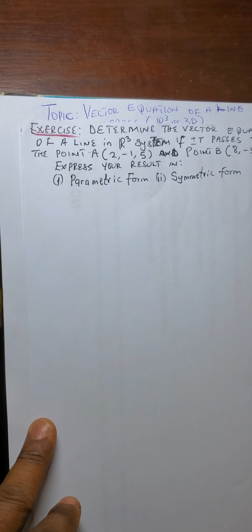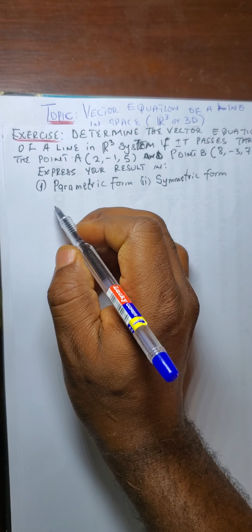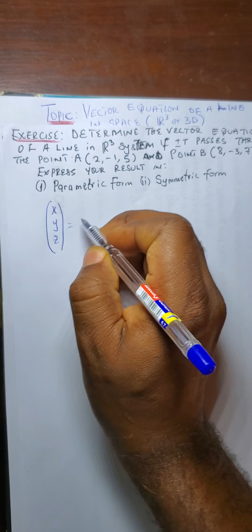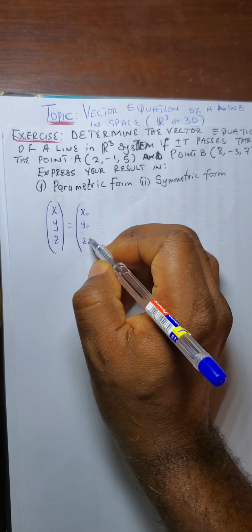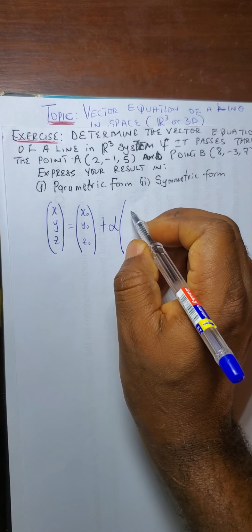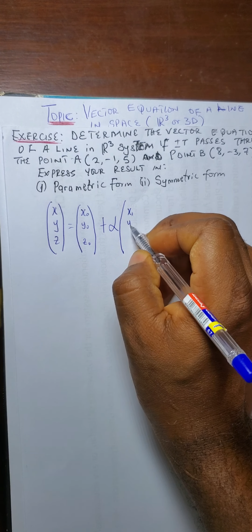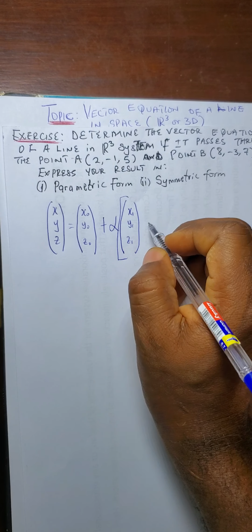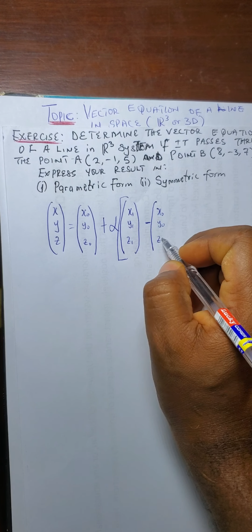So I will write my vector equation, the vector equation of that straight line, as x, y, z will be equal to x naught, y naught, and z naught, then plus the scaling factor of the difference between the vector for the point P1, that is X1, Y1, and Z1, then minus the vector X0, Y0, and Z0.